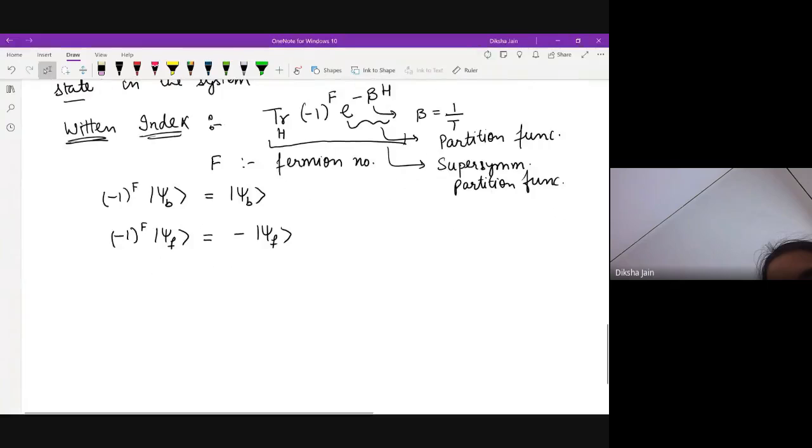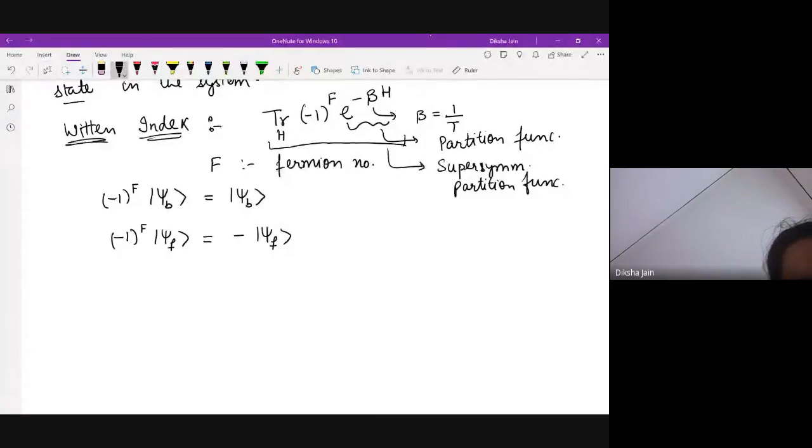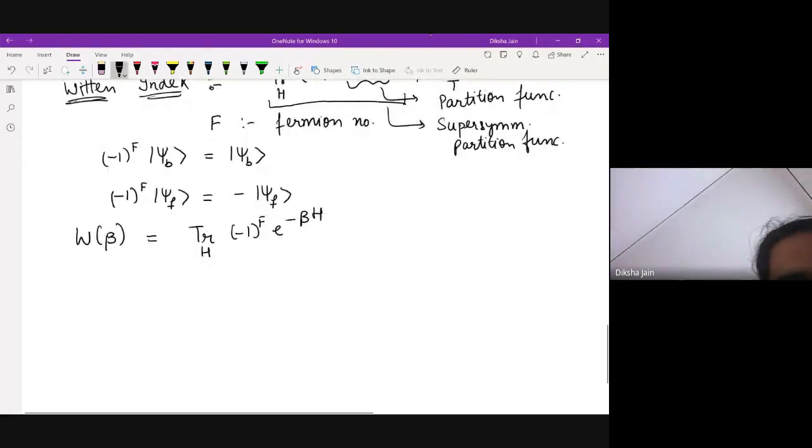So basically what you are doing in this trace, the Witten index, let me call it W(β). W(β) is the trace over the Hilbert space of the system of (-1)^F e^{-βH}.